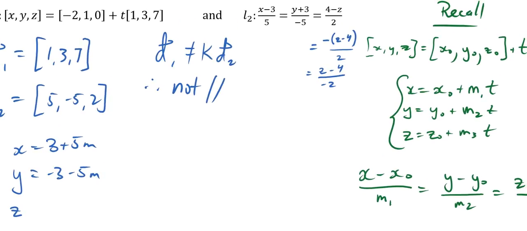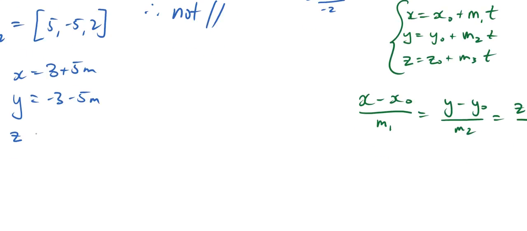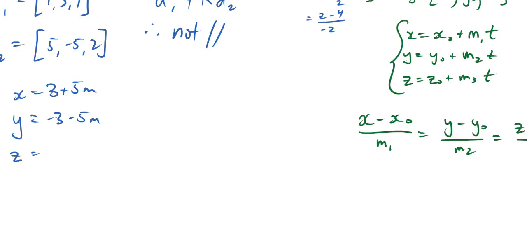If you were to just solve it for z, you'd get that same thing, right? So that makes z 4 minus 2m. Now go ahead, you set x equal to x's, y equal to y's, z equal to z's.